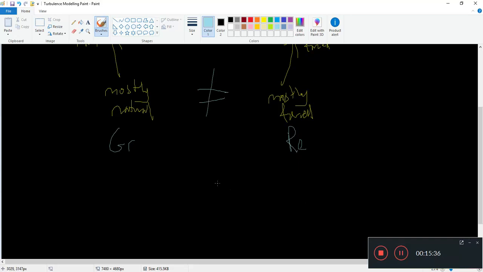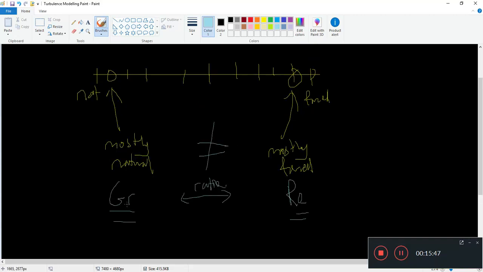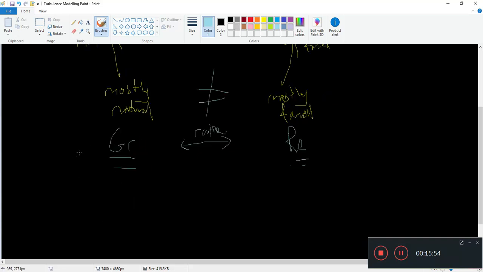If you were to compare these, let's say you want to have a ratio of the Grashof number, which is like the so-called relative natural convection forces over the viscous forces.